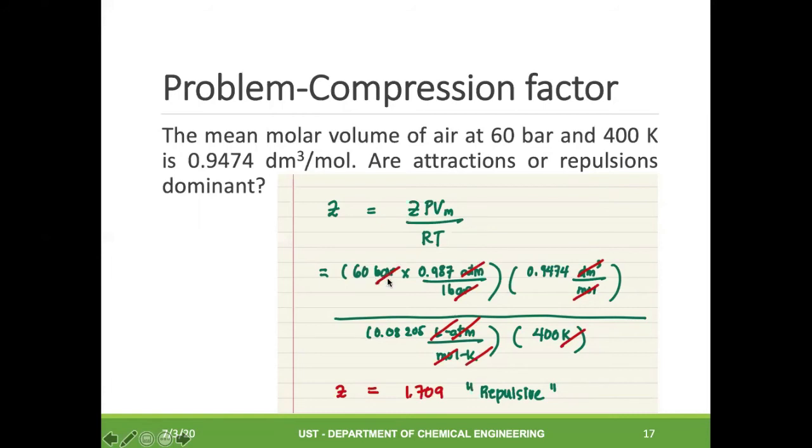So 60 bar, convert this to atmosphere, 0.987 atm per 1 bar. Now the molar volume is 0.9474 divided by R. In this case, we will be using 0.08205 liter atmosphere per mole Kelvin, temperature in Kelvin. So bar cancels out atmosphere as well as liter, mole, and Kelvin. So Z is unitless. So we will be getting 1.709 and repulsive forces are dominant.